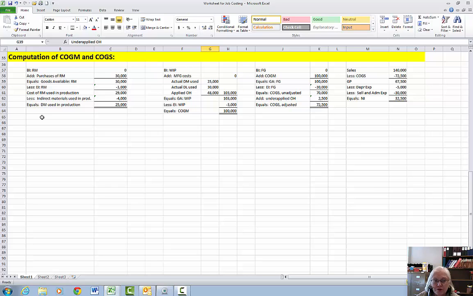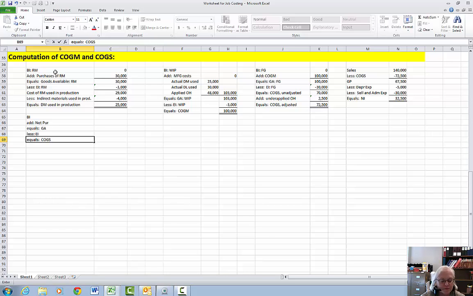So, if you remember the basic periodic system cost of goods sold, you start with beginning inventory, you add net purchases, that equals goods available for sale, you subtract the ending inventory, and that equals the cost of goods sold.